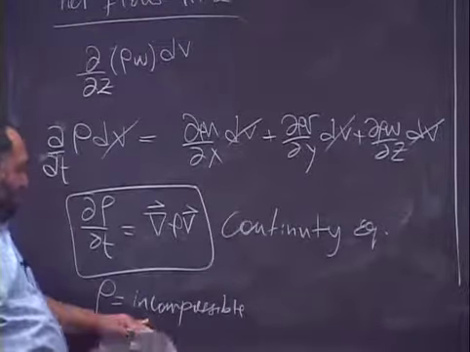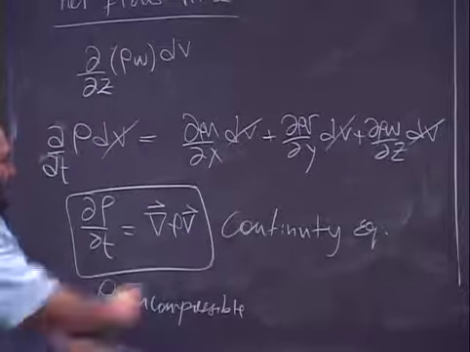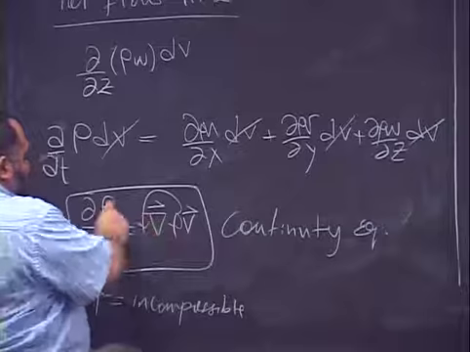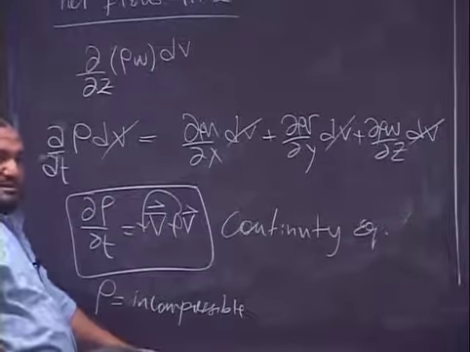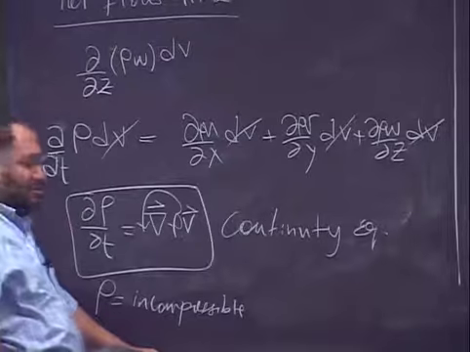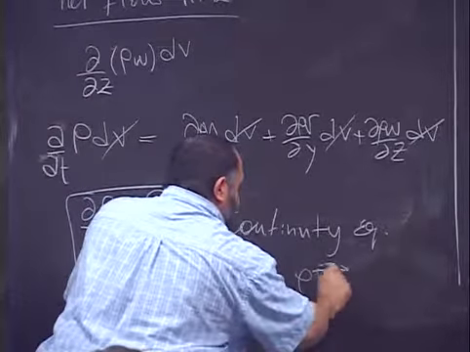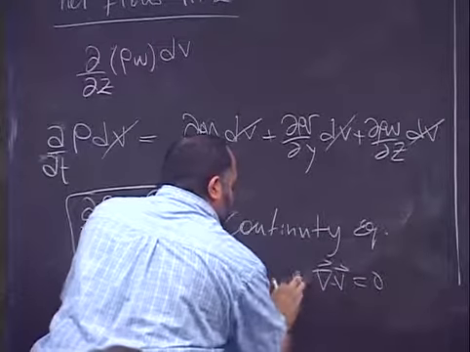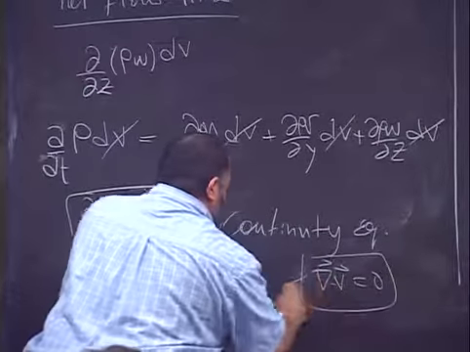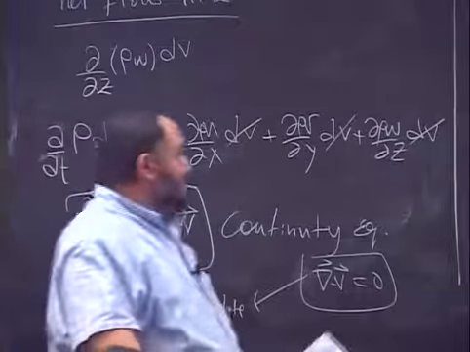So rho can get outside, and d rho by dt is equal to what? Rho does not change with time, it's incompressible. So it's equal to 0, so rho divergence V is equal to 0, or divergence V is equal to 0 for incompressible flow as a consequence of this one.